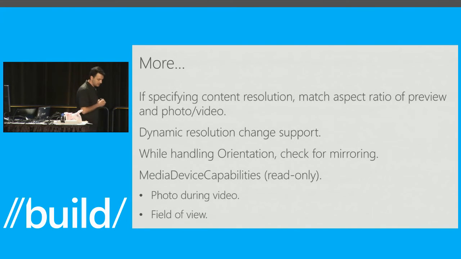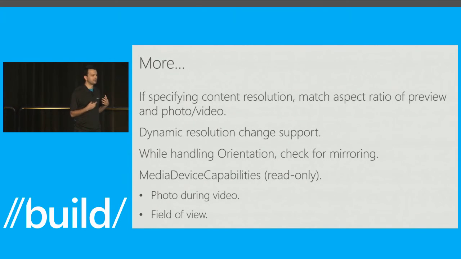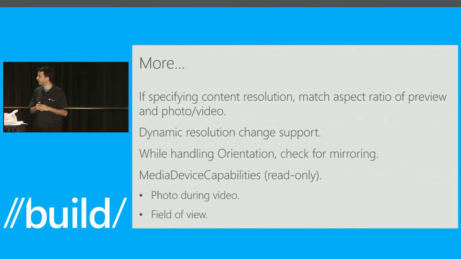Okay, some more functionality that is available for you. These are really read-only capabilities, but they will help you in some ways. If you would like to enable the scenario of taking pictures while recording video, you can go to the media device capabilities and check if the hardware declares this. The other read-only parameter we have for you is field of view.